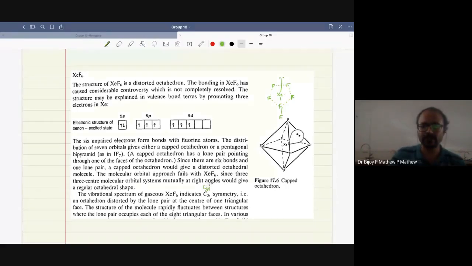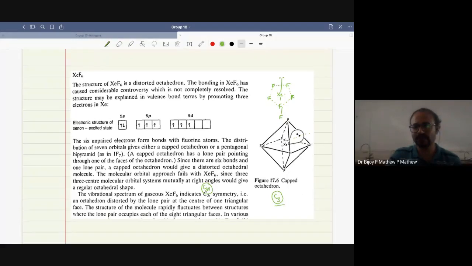So there is a point group called C3v. The C3v point group means it has, as you told, an operation called C3, that is rotation by 120 degrees. If you place an axis here, because it's a triangle, you can rotate by 120 degrees and it is a perfectly symmetrical molecule. When you rotate by 120 degrees, it will again fall into the same structure. That's why it has C3 symmetry.